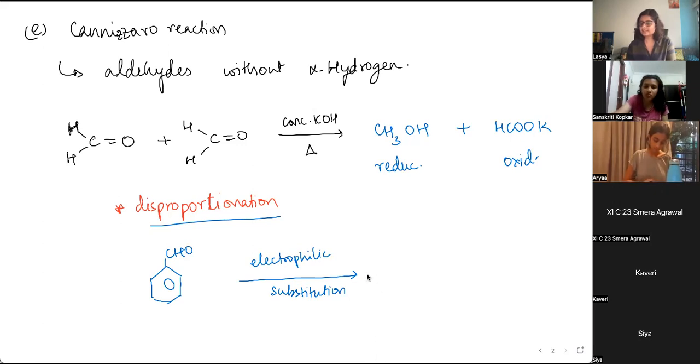Quickly guys, this is the last. We'll end this once you have this. What are we reacting it with? Any electrophilic substitution, say Cl2 in anhydrous AlCl3, for example.